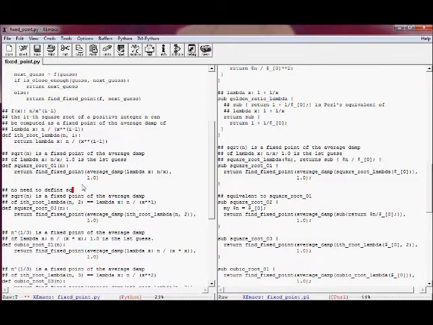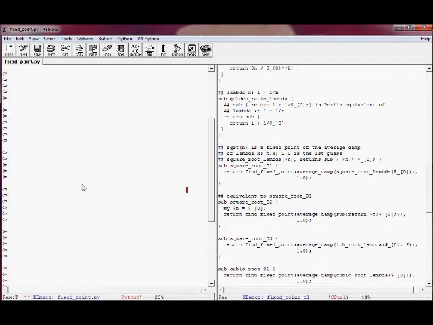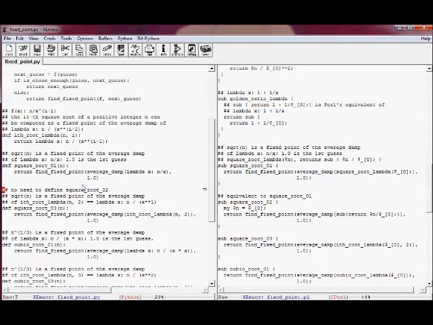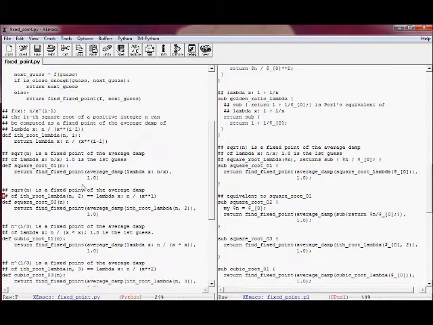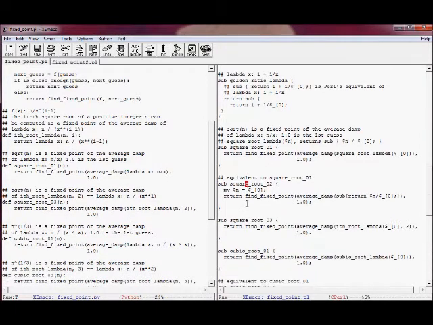So, in Python there's no need to define square root lambda. We could, but we don't have to.